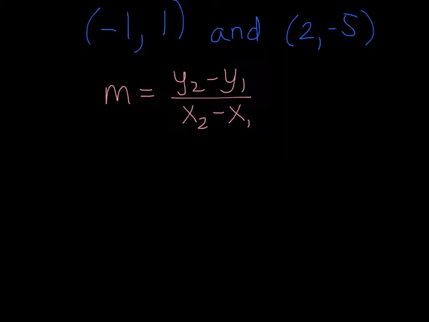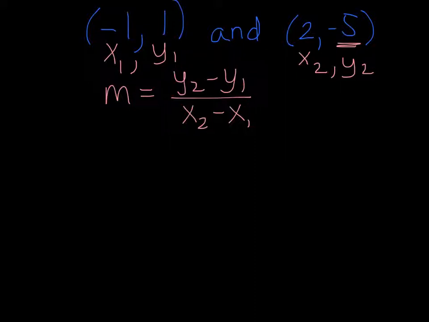I know a lot of you may memorize this formula, but it's important to know what it actually means. The slope is the steepness of our line, or our rate of change. So it's important to know what you're actually doing in this formula. This is x2, this is y2, this is x1, this is y1.